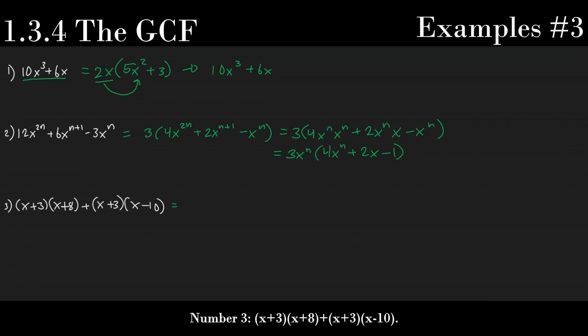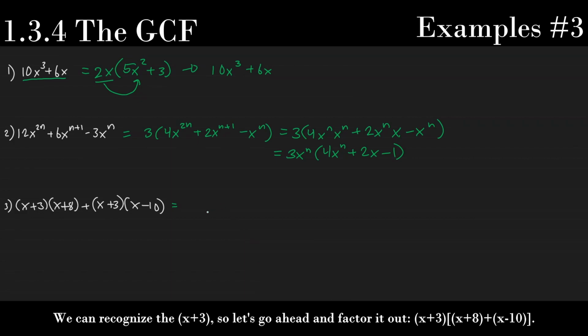Number 3, x plus 3 times x plus 8 plus x plus 3 times x minus 10. Our last example has a common binomial in each term. We can recognize the x plus 3, so let's go ahead and factor it out. x plus 3 times x plus 8 plus x minus 10.